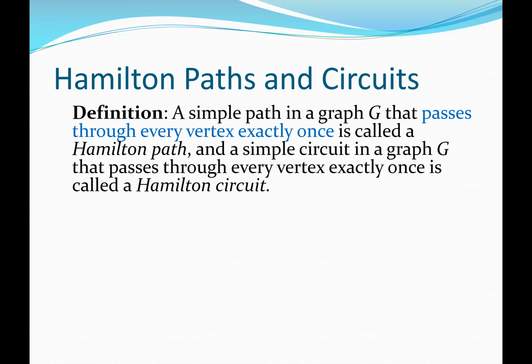And if you start at a vertex and go back to it, visiting every vertex exactly once, we call that a Hamilton circuit. So remember, Euler focuses on traveling through the edges once. Hamilton focuses on traveling through the vertices exactly once. Those are the two different things. All right, remember that.